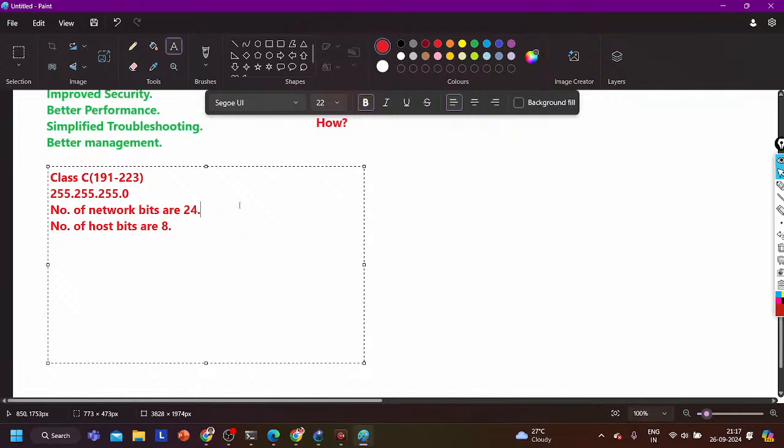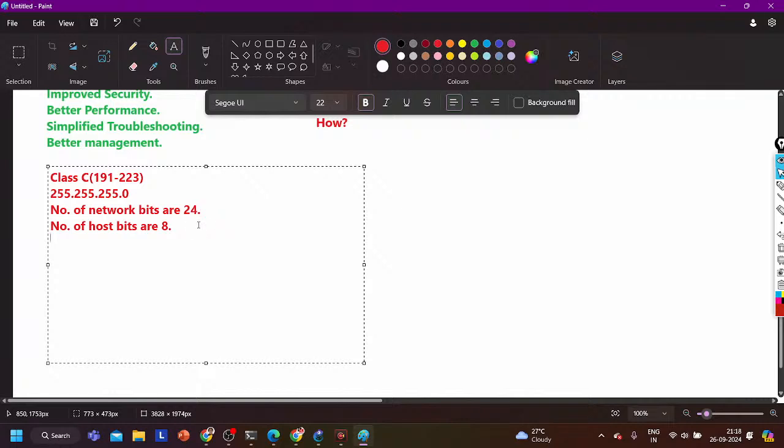Yes or no? So as we have 8 host bits, we can have 2 to the power 8 IP addresses.